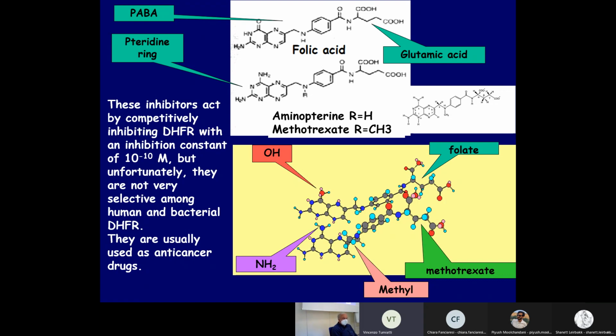This means that if you use methotrexate against a bacterial infection, you can also kill our healthy cells. This means that methotrexate is not an antibacterial compound, but it's used to treat cancer.